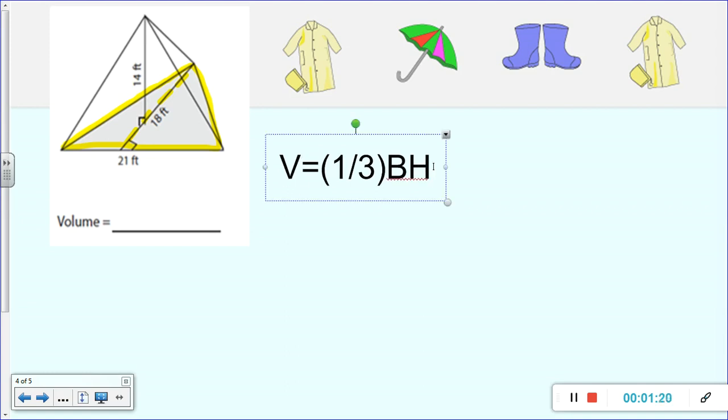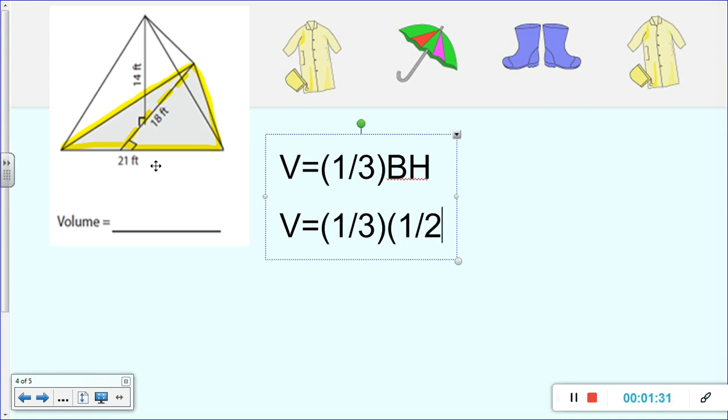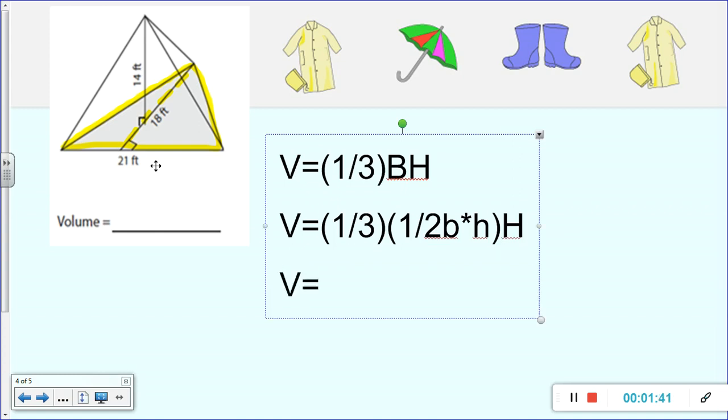I need to remember that when the base of my pyramid is a triangle, my formula is 1/2 times the base of the triangle times the height of the triangle. We've got a couple bases and a couple heights, so it can get a little confusing, but as long as you go step by step, you'll be okay.